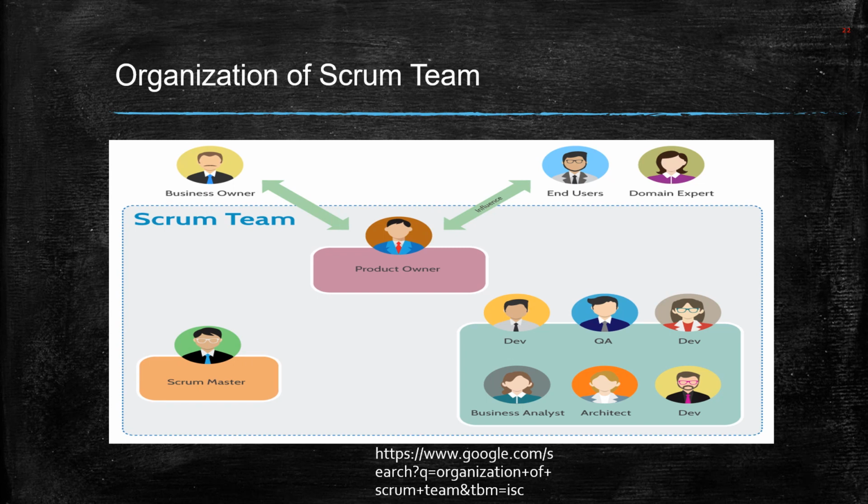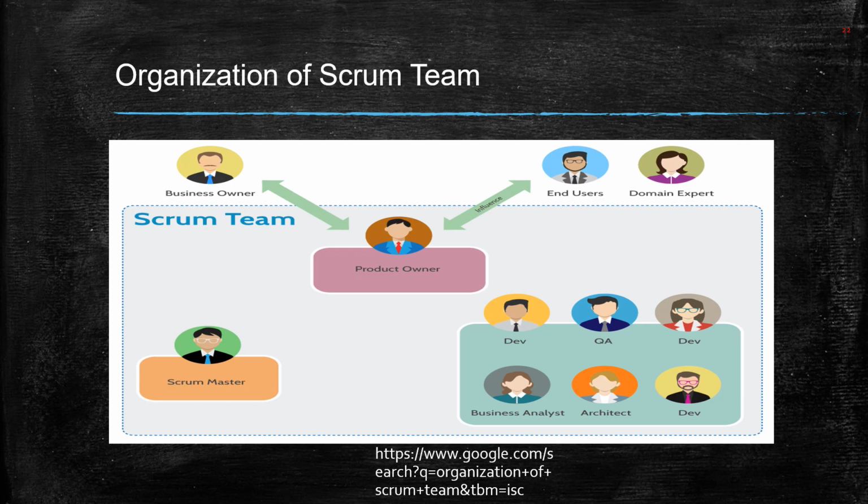In this team, all will work together towards the same goal and deliver the project successfully. These teams are responsible for completing the project in a given sprint. This team structure changes from organization to organization. Based on the organization, there may be many Scrum Masters and more product owners.